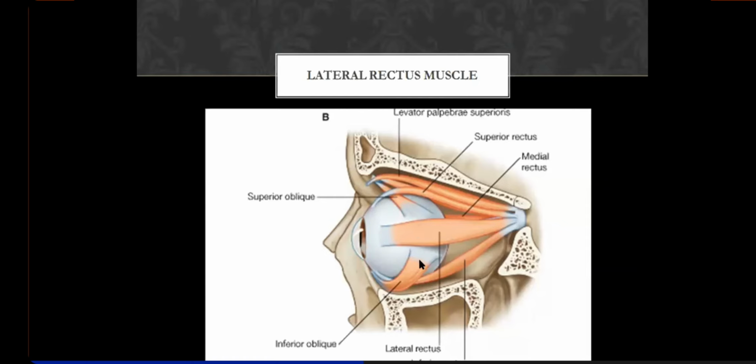Now, after seeing the insertion of these two obliques, can you see that they are actually attached nearly to the same point, just above, in the supralateral quadrant it is superior oblique, and in the infralateral quadrant it is inferior oblique, attached on the posterior hemisphere of the eyeball. So if you contract this muscle, what will happen? The eyeball, first of all, will dip down and will be rotated medially, right?